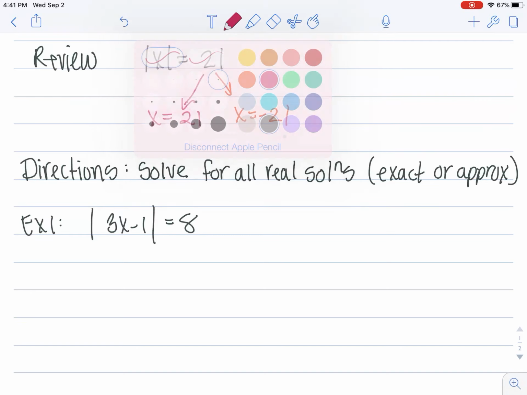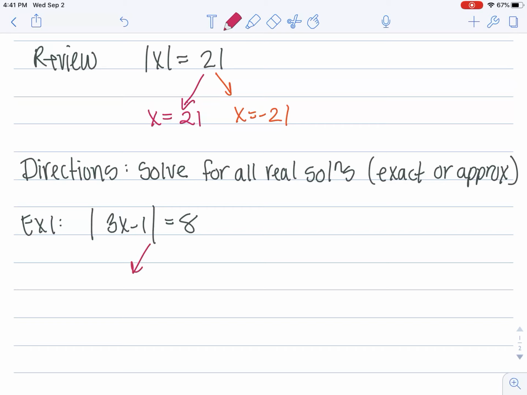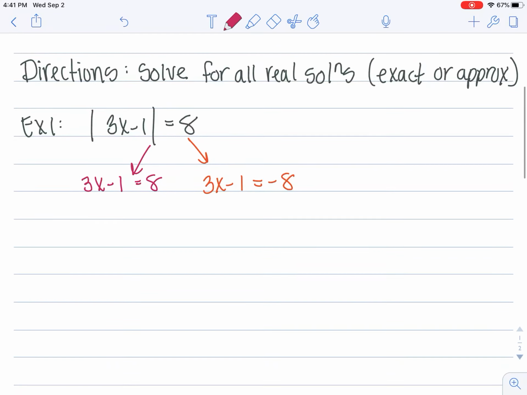So the same thing. This is going to split into the positive one. So I'm going to rewrite the inside, and it's equal to the positive 8, or the inside can be equal to a negative 8. And we solve these guys.